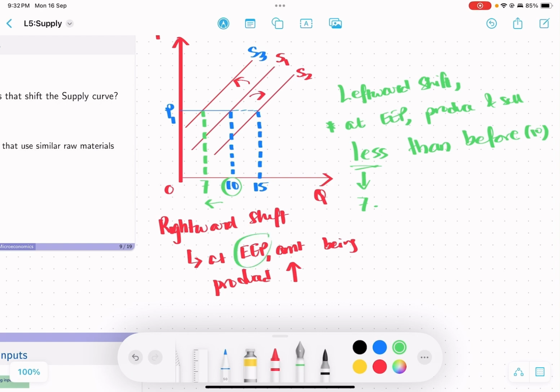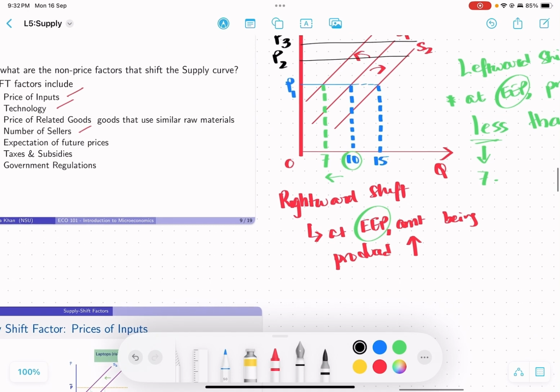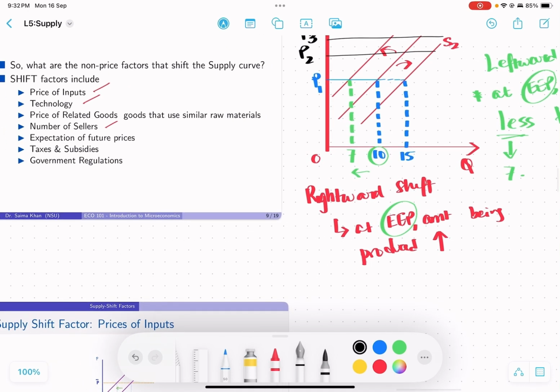You may wonder why I keep referring to each and every price. Well, that means you'd see the same pattern whether you were dealing with P1 or P2 or P3, whatever price it is. A rightward shift means more is being sold at that price, and a leftward shift means less is being sold at that price. Now we're going to look at what factors cause a rightward or a leftward shift.